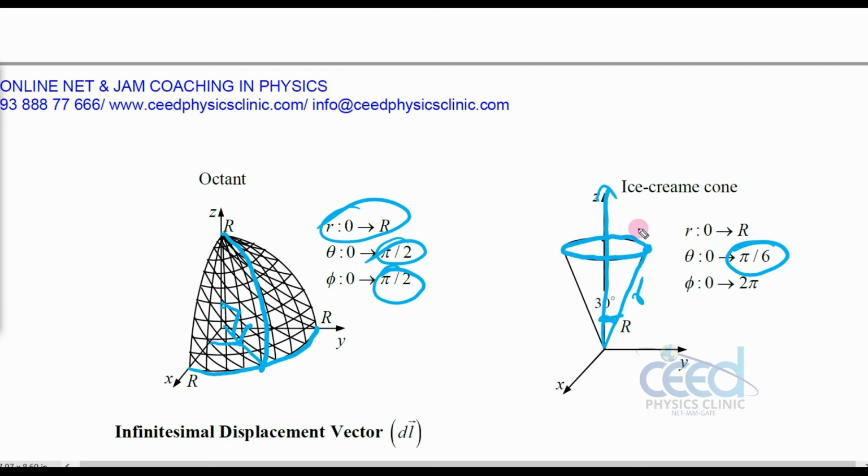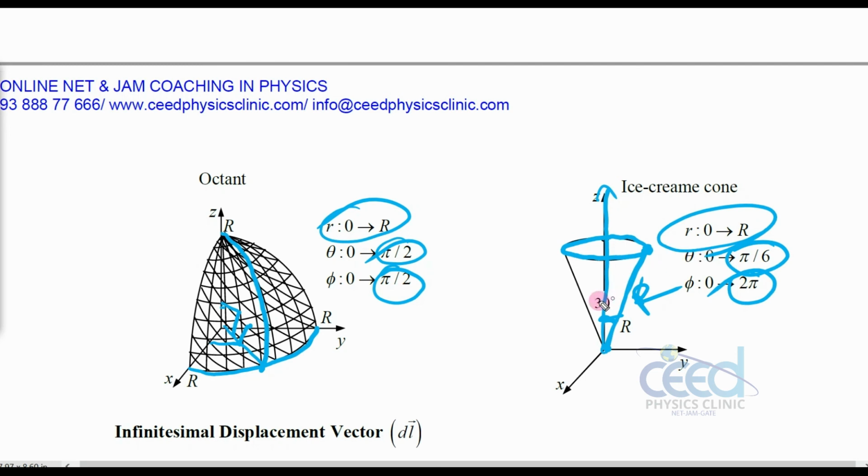Its radius is r, so from the origin this distance is r, and r is varying from 0 to r.